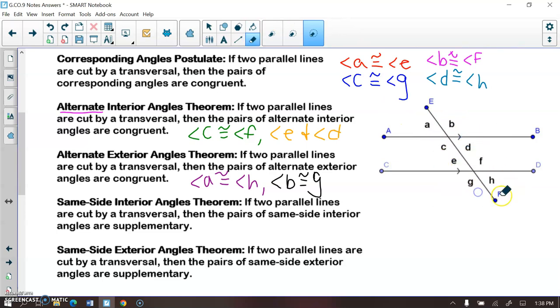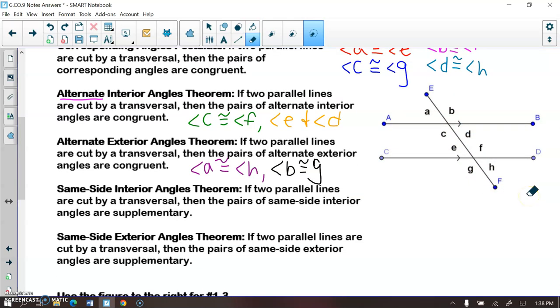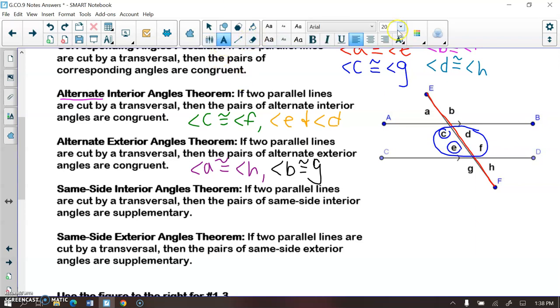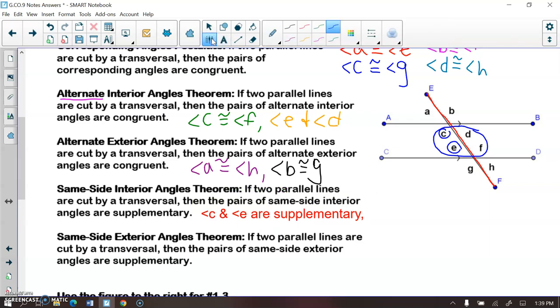Same side interior angles. This states that if we have two parallel lines cut by a transversal, so this is my transversal still, the same side interior angles are supplementary. So looking at the four interior angles, which are the ones on the inside of your parallel lines, angle C and E are supplementary, and angle D and F are supplementary.